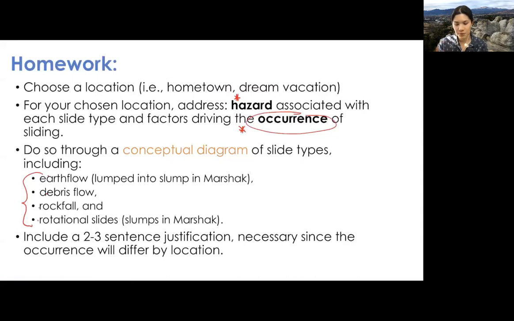So this is going to combine to be the risk, and I want you to communicate this through a conceptual diagram. I'm also going to ask that you include a 2 to 3 sentence justification, mostly because I don't know where you have chosen as your location, and so this just helps fine-tune and relate that occurrence to the location.